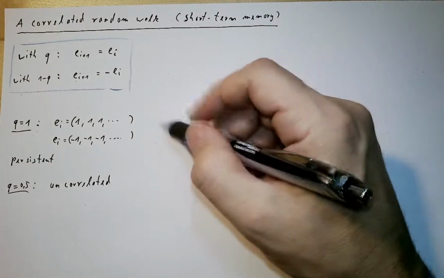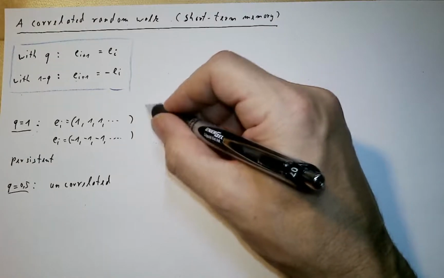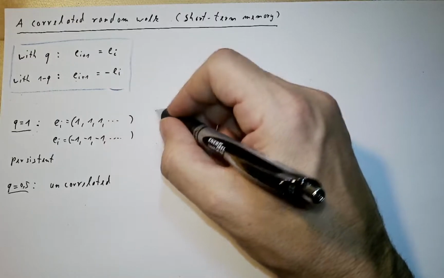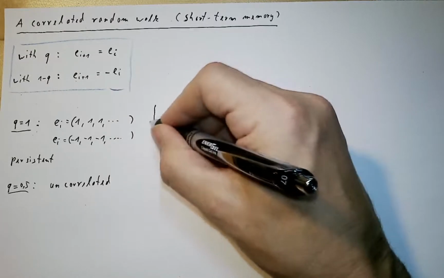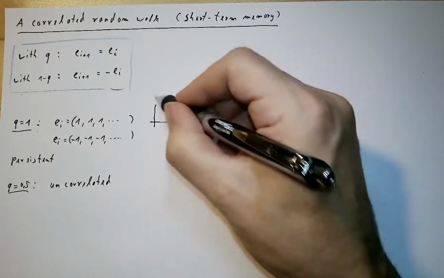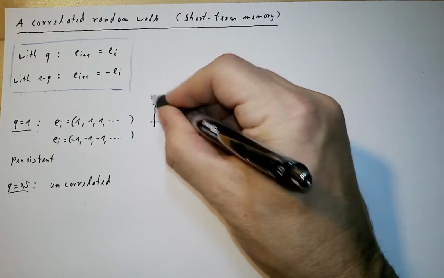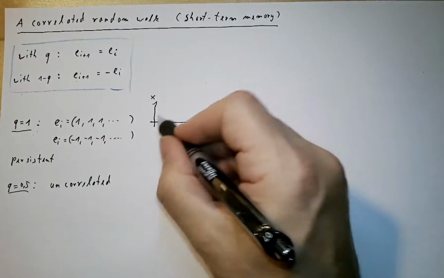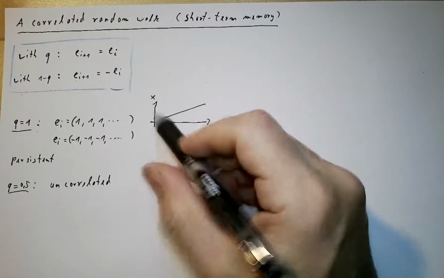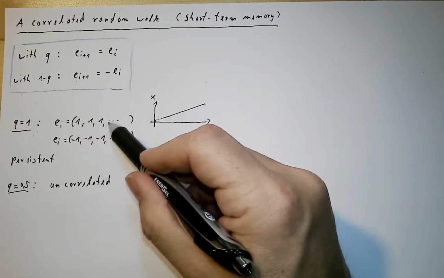And maybe here to make a picture. So if we have q equal 1, this means over time, and now I directly plot the random walk. We start at 0, and then the random walk increases always in time, because we always have an increment plus 1.